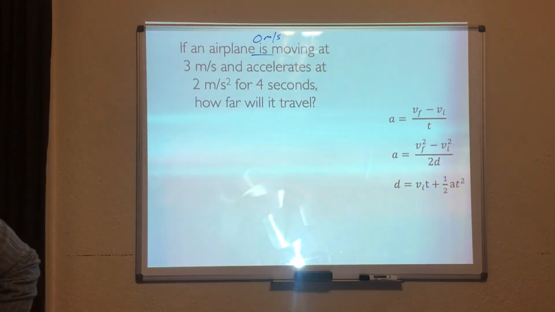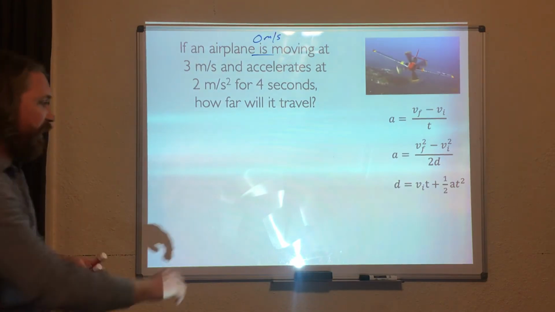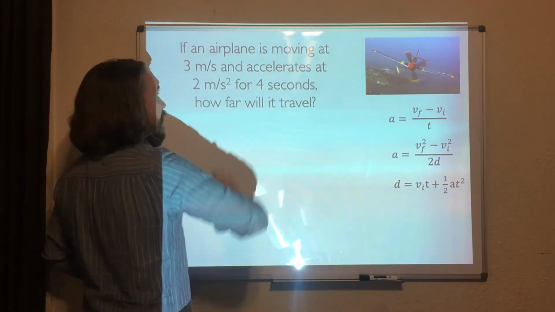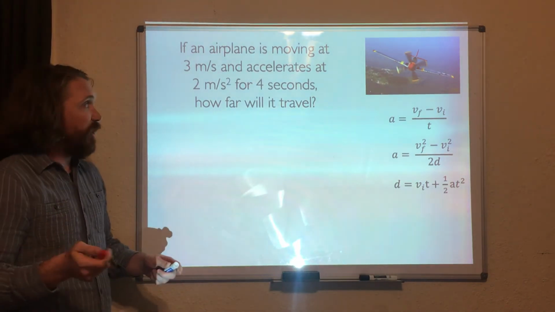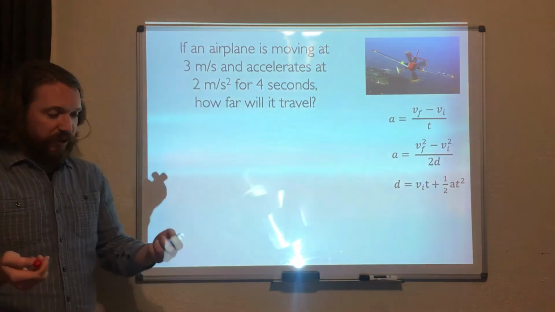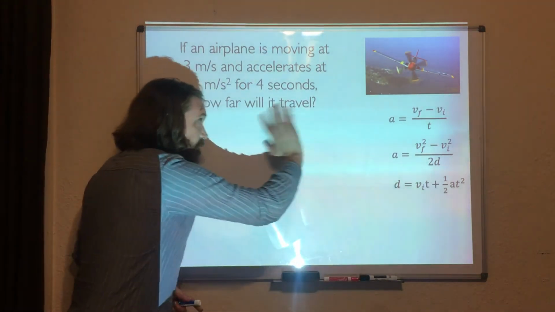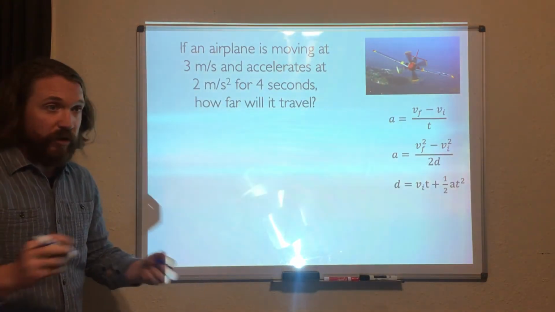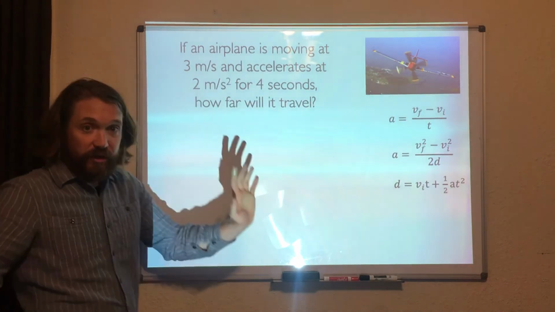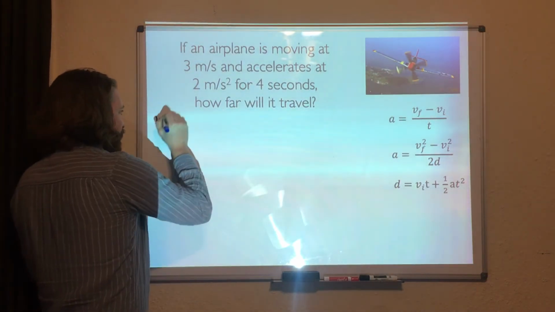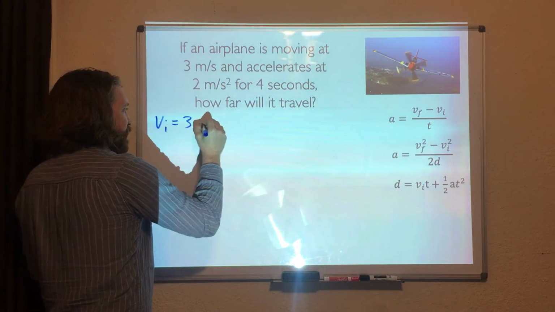All right, let's look at that same airplane. If the airplane is moving at 3 meters per second and accelerates at 2 meters per second squared for 4 seconds, how far will it travel? As always, step number 1, just write down what you know. An airplane is moving at 3 meters per second. We start the story. The airplane's initial velocity is 3 meters per second.